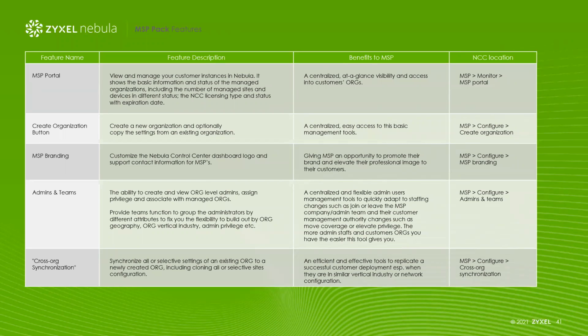On the admin side of things, it unlocks a new feature called Teams. So you can create groups of different admins. Instead of having to assign individual admins to different customers, you can simply assign teams and then add or remove users to those teams. And it gives you the ability to synchronize certain settings across multiple customers. So that is the MSP Pack.